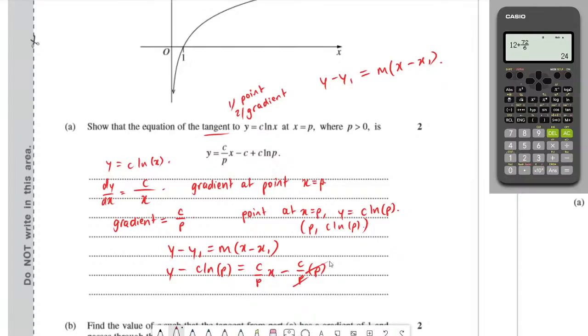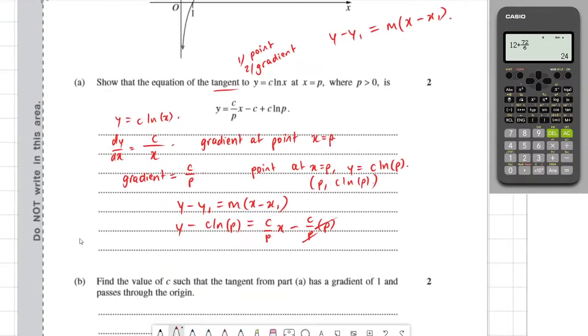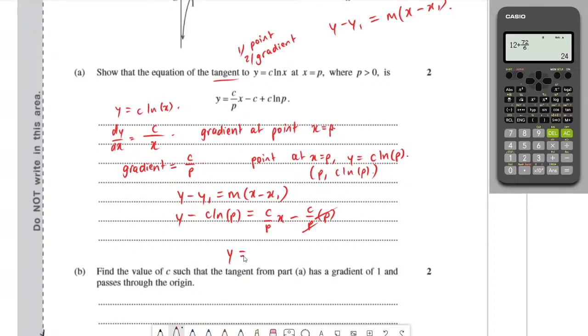So that will cancel out with that. And what we'll end up with is y is equal to c over p x minus c plus c log of p, like that. Okay, so that's just putting the c log of p on the other side as well. So just what we needed. So we're happy with that one.